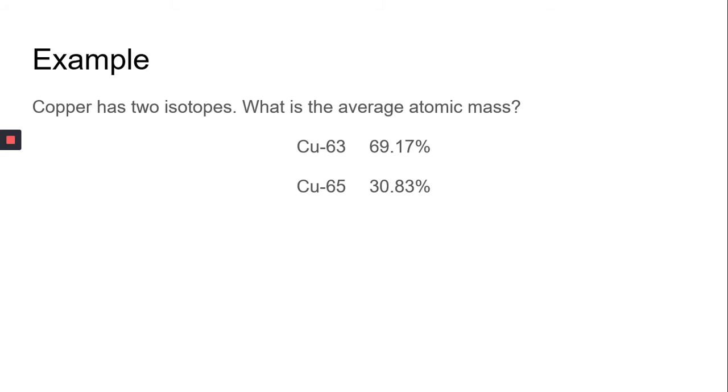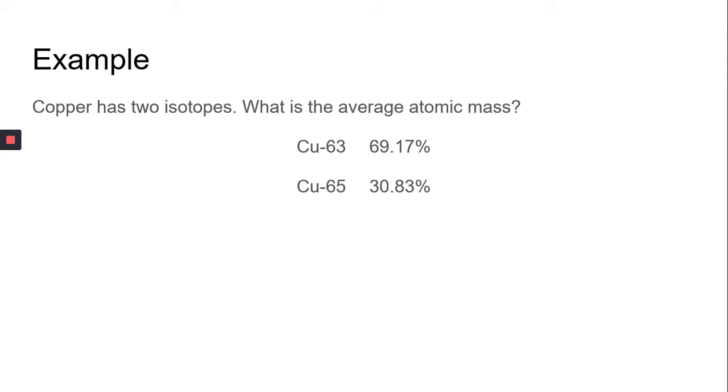So here we have copper. Copper has two isotopes, copper 63 and copper 65, and it's asking us for the average atomic mass. Well, just by looking, if copper 63 is almost 70%, you would have a 70% chance of pulling copper 63, then the weighted average is probably closer to 63 than it is 65, because you have more chance of getting that mass of 63 than 65.